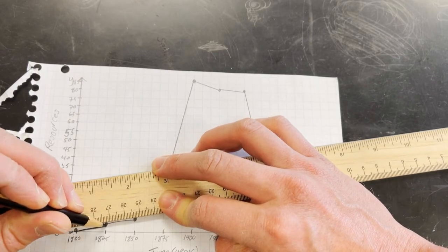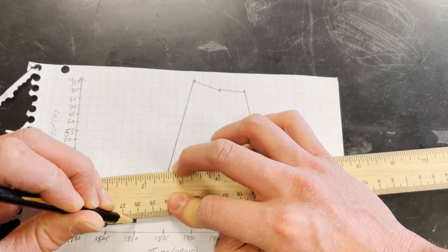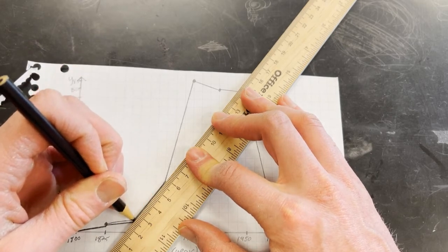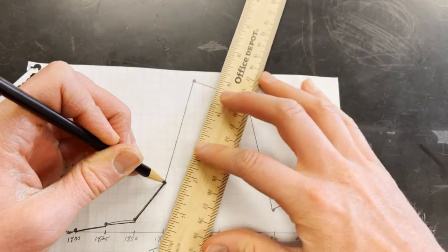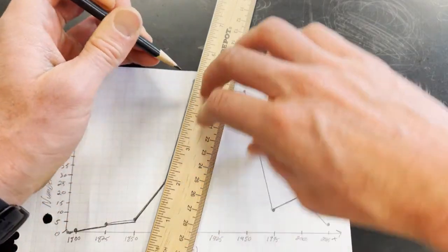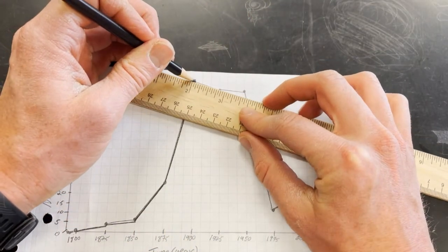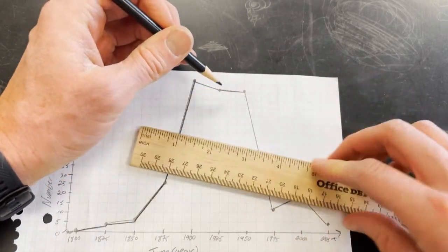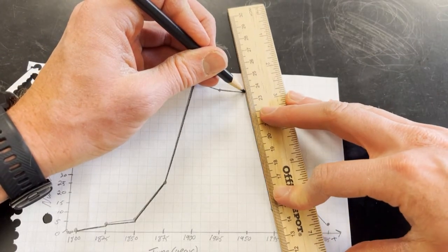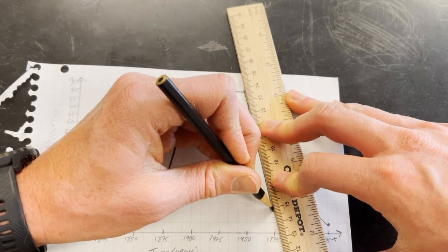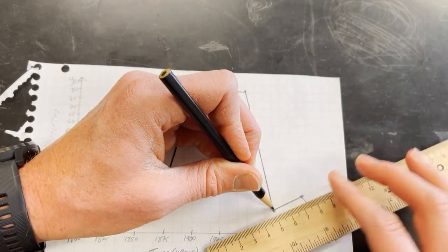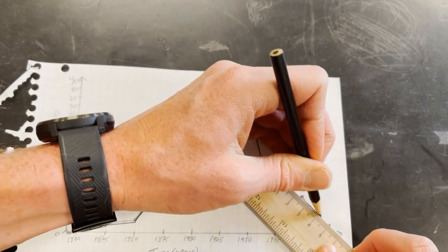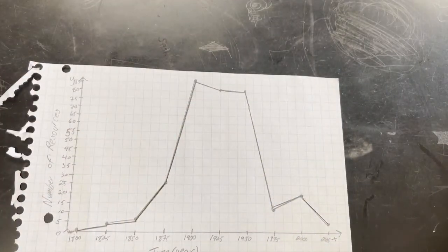So I'm going to go ahead and just go over those lines, again using my ruler, so that way things are nice and neat. And now that line for fossil fuels is all done.